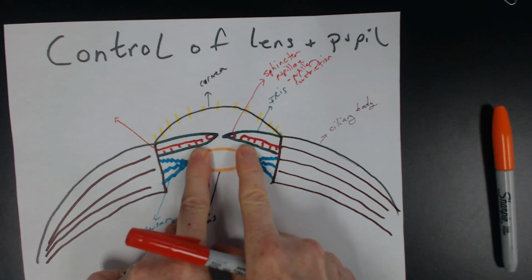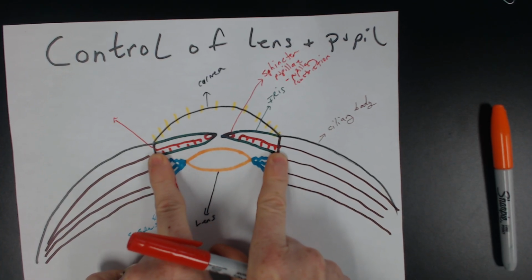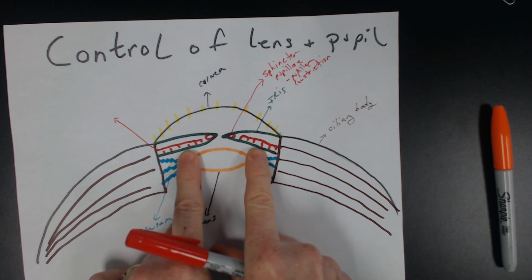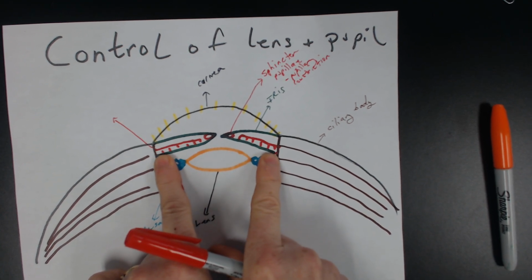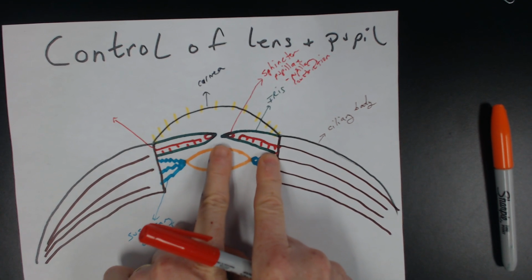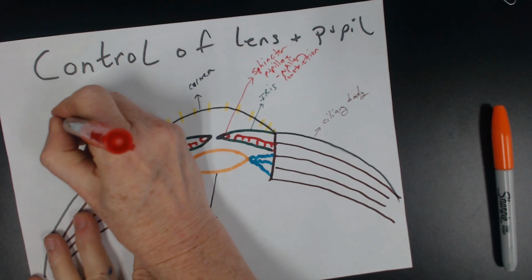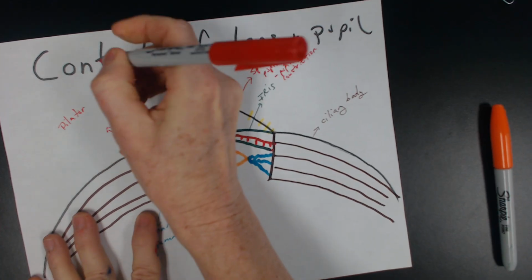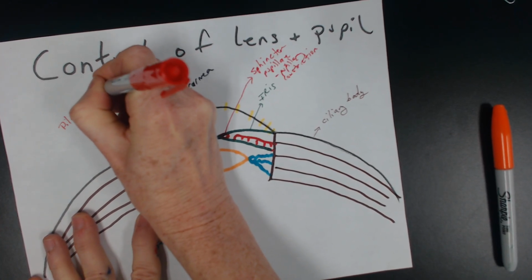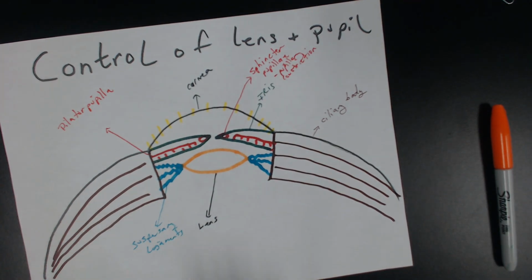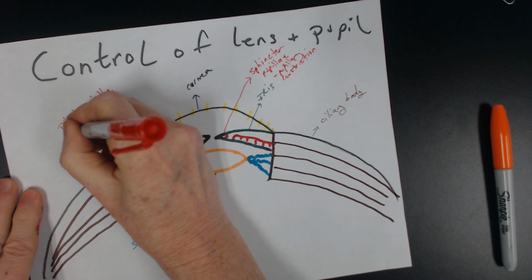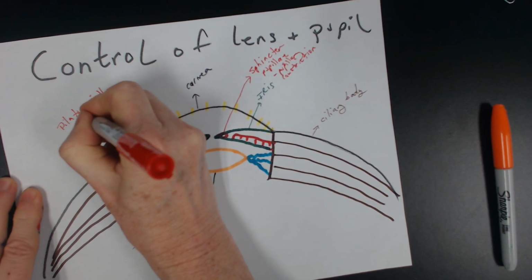Is it going to get bigger or smaller? The one that I just drew in, what happens to the space? It dilates, yeah. So this is known as your dilator pupillae. Your dilator pupillae is responsible for pupillary dilation.